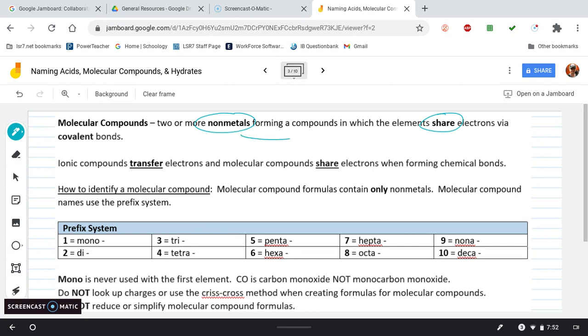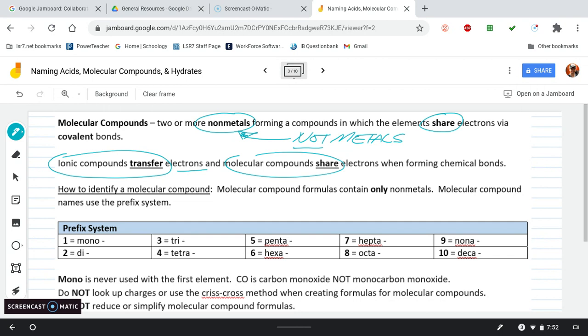And I also tell kids, think of this as things that are not metals, because it can include the metalloids. So you've got two things that have a negative charge, and they are working together, and the only way to be stable is to share their electrons. So the ionic compounds transfer the electrons, and the molecular compounds share the electrons.